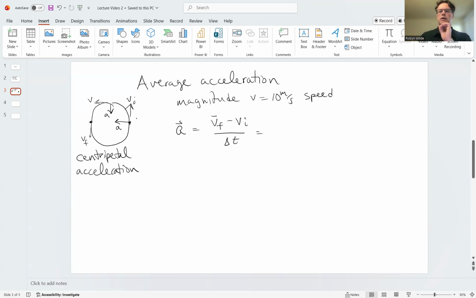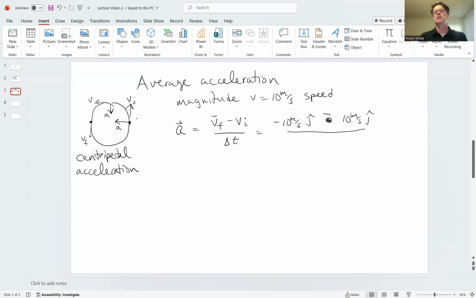Now let's write it out. Can you see that my final velocity is just negative 10 meters per second downward? That's why my negative sign is there, and it's in the j hat direction. My initial velocity, whoops, this should be minus, so v final minus v initial, which is positive 10 meters per second upward. And then I'm going to divide by my time.